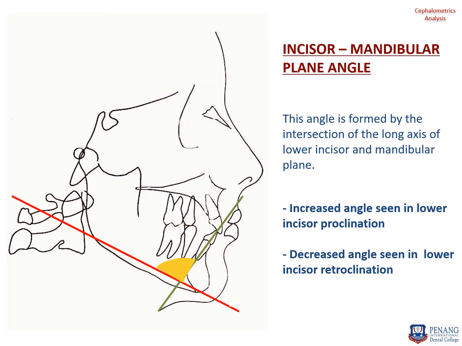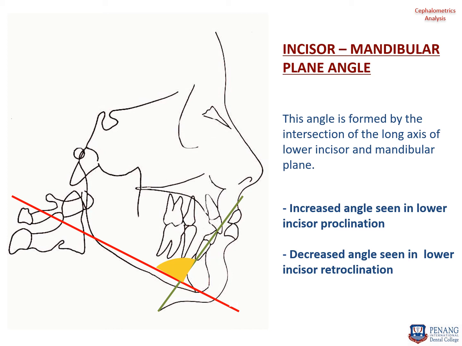Now coming to the incisor mandibular plane angle. So again, the construction is to have a line across the long axis of the lower incisor and to construct a mandibular plane that is gonion to gnathion.